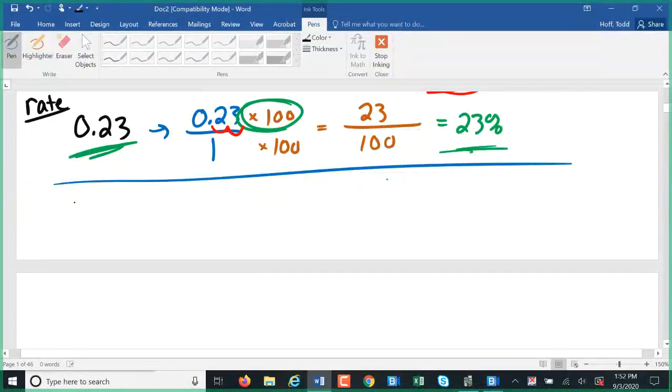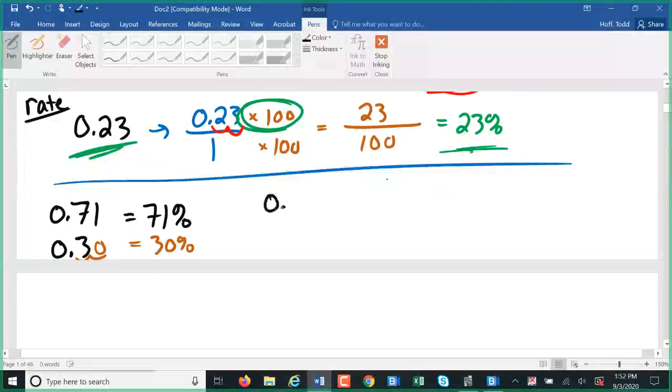If I have 0.71 as a rate, I move the decimal 2 spots, it becomes 71%. If I have 0.3 as a rate, I move that decimal, I've got to be careful. I don't have 2 spots to move it, so I have to add a 0. That becomes 30%.